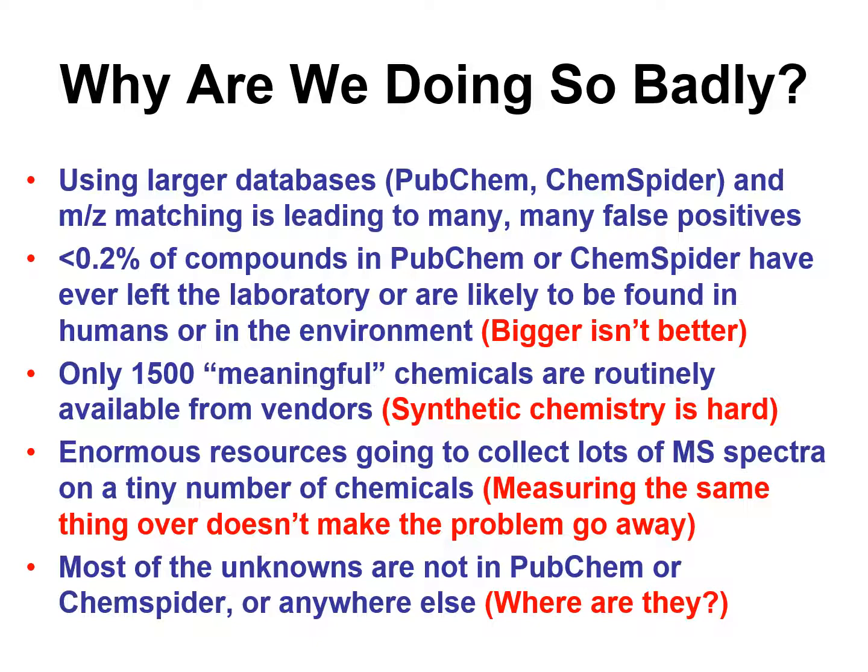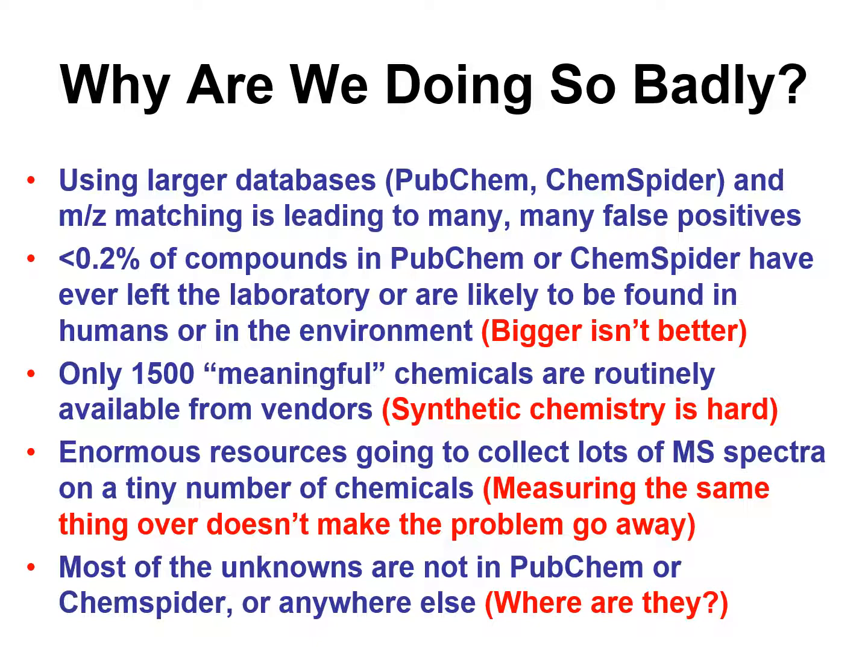They've been synthesized at milligram, maybe gram levels. A paper was published and then the compound largely disappeared. It never left the lab, so it can't be in human beings, it can't be in the environment, it can't be in plants or microbes. So these compounds, 99.9% of them, are never going to be found in a metabolomic study.